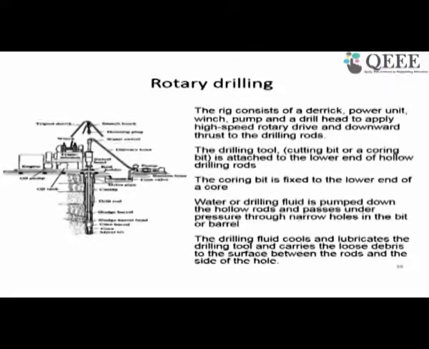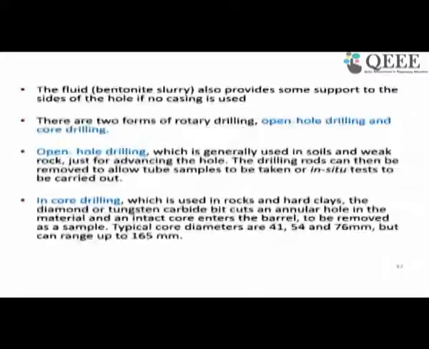Drilling fluid also is injected through the rod, which cools down and lubricates the bit. The drill fluid is mostly bentonite slurry, which also sometimes provides temporary support to the bore wall.